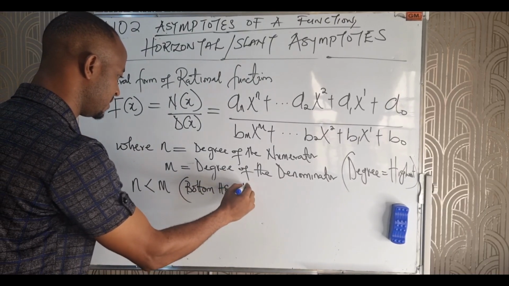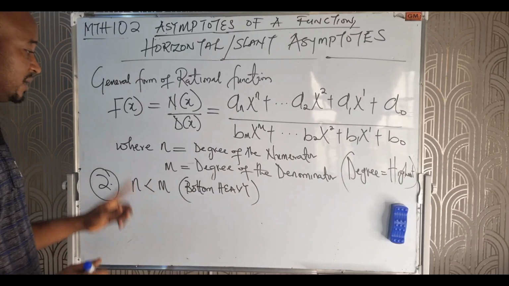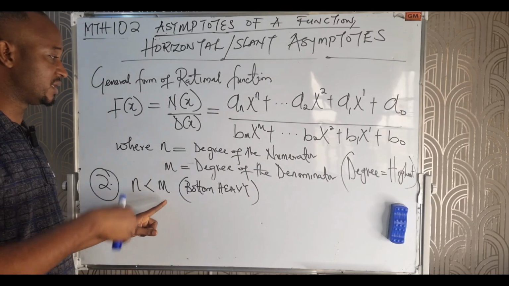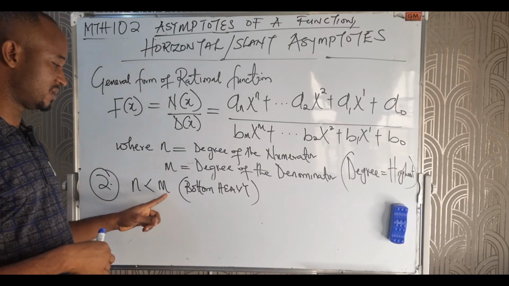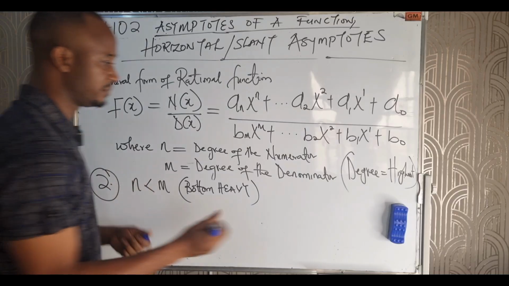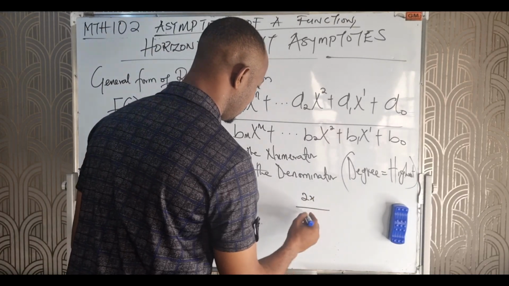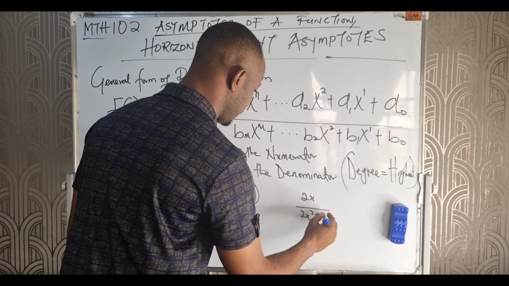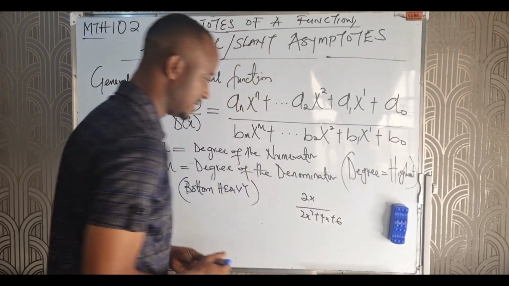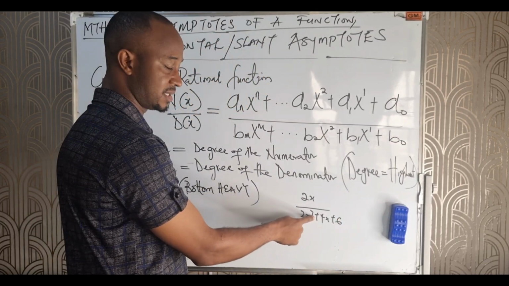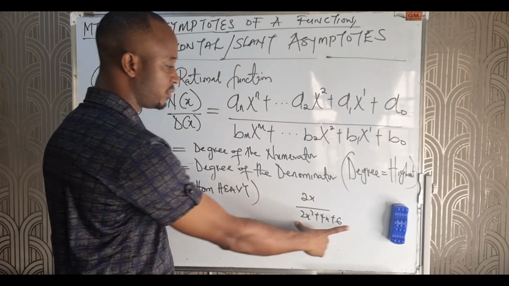Bottom AV simply means that the degree of the denominator is higher than that of the numerator. For example, if I have 2x over 2x cubed plus 4x plus 6, the degree of the denominator is 3, while that of the numerator is 1. So this is bottom AV.